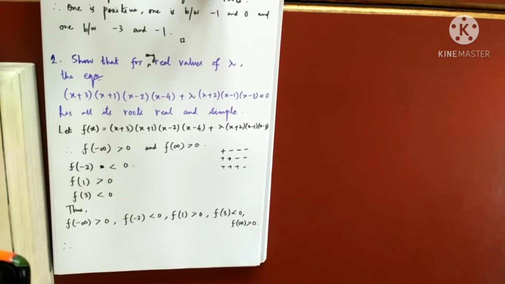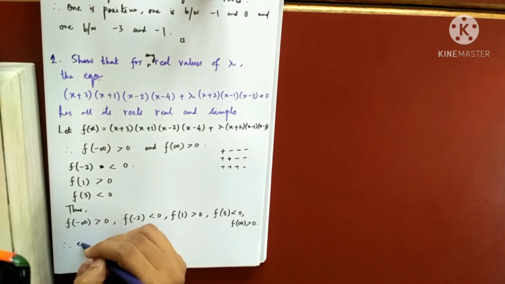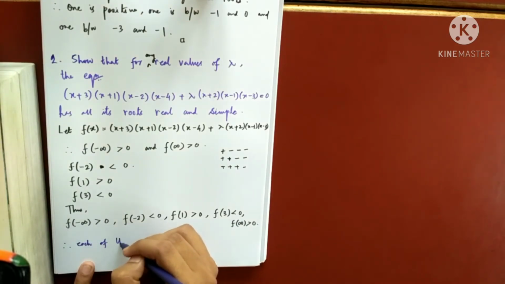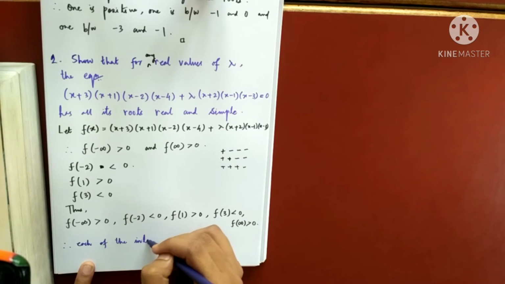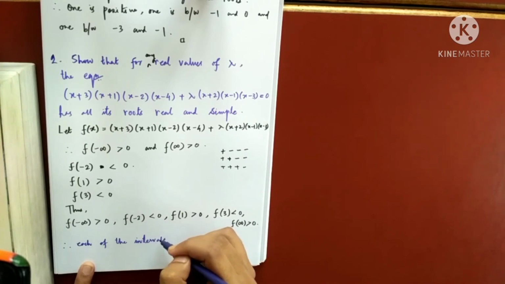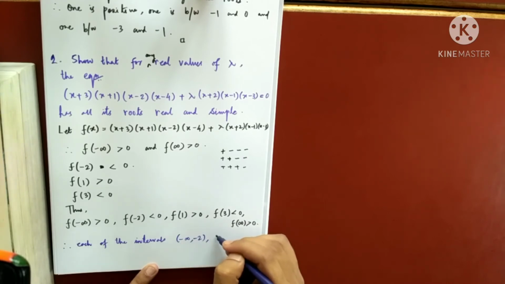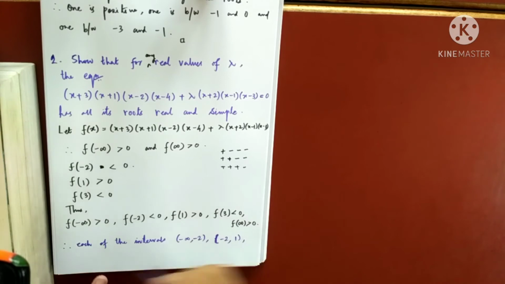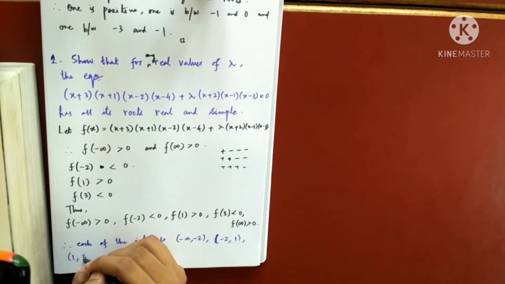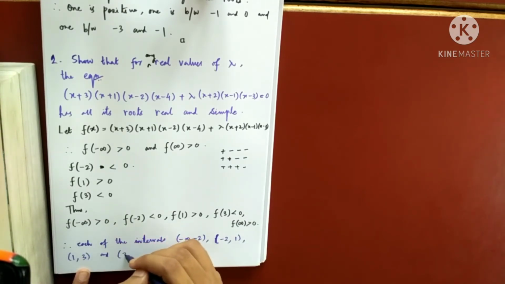So let me write this. Therefore, each of the intervals, which intervals? First interval is minus infinity to minus 2, another is minus 2 to 1, another is 1 to 3, and lastly is 3 to infinity.